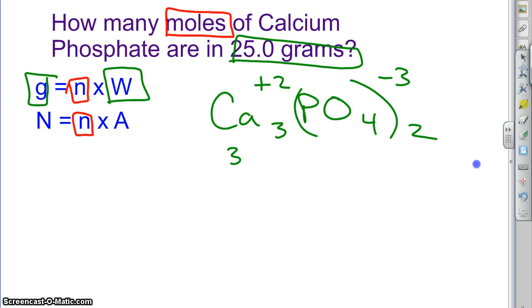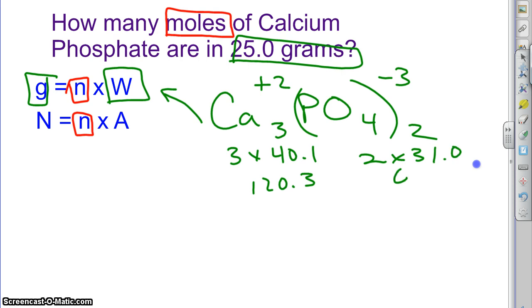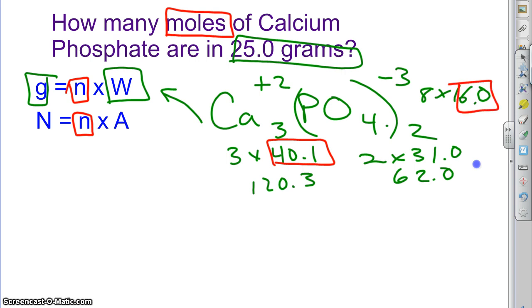We're doing all this to find W here. 3 times 40.1 is 120.3. 2 phosphoruses is 2 times 31, which is 62.0, and 4 times 2 is 8 oxygens, whose molar mass is 16.0. These numbers are coming off the periodic table for calcium, for oxygen, and for phosphorus.